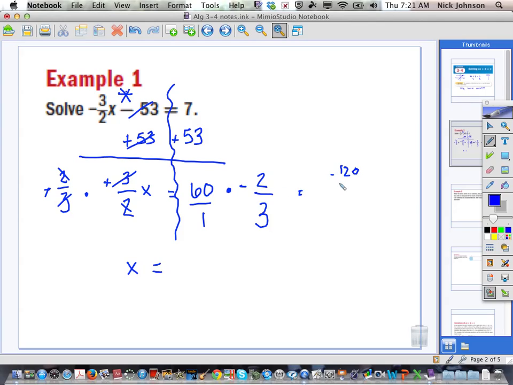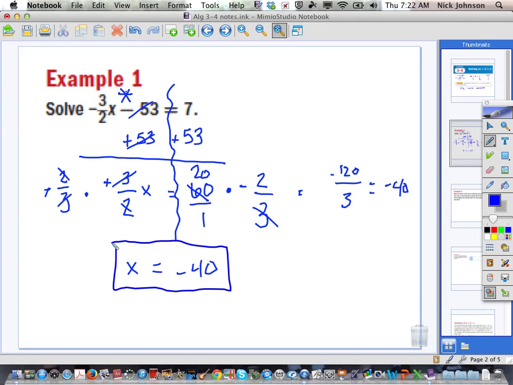Negative 120 divided by 3 gives you negative 40, correct? Or you could say 3 goes into 60 20 times. 20 times negative 2 is negative 40. Either way is fine. You're going to get your answer.